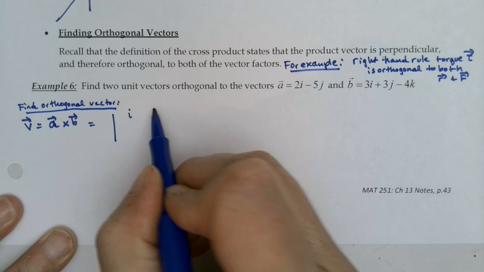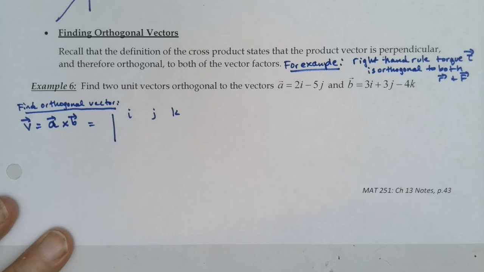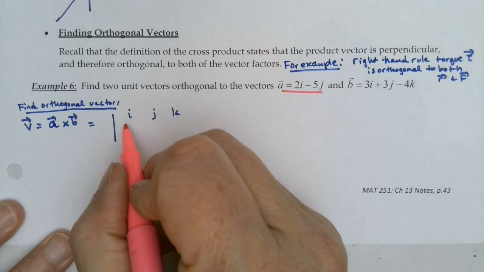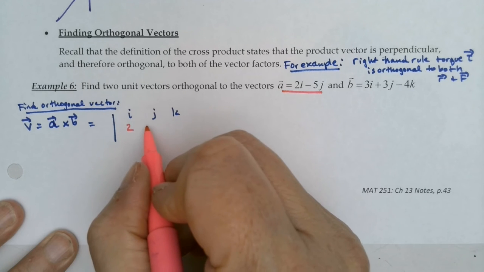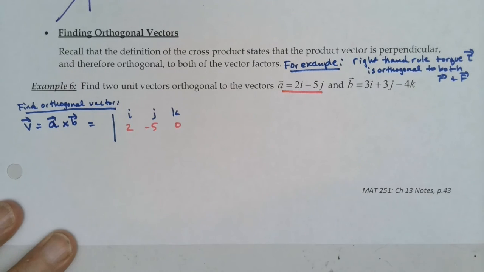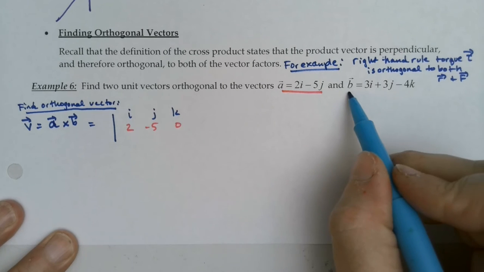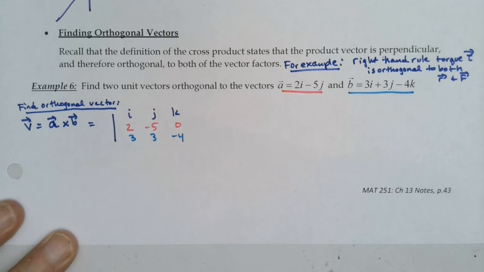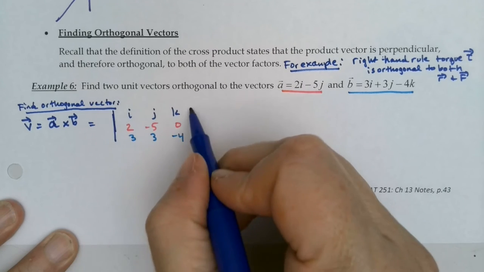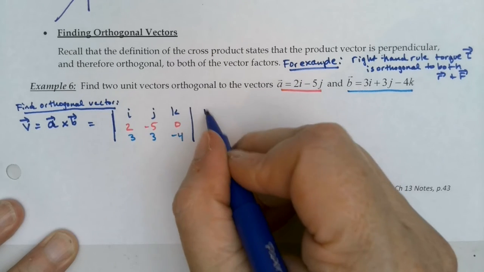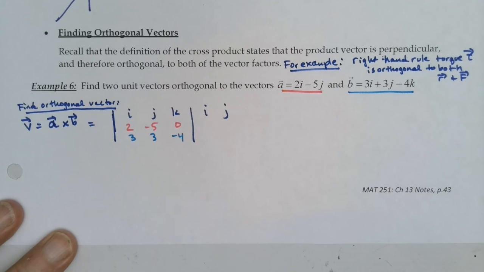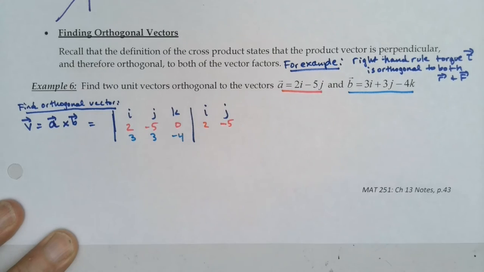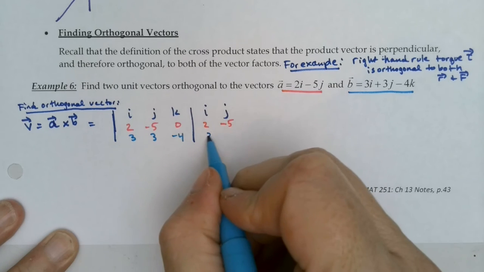So i, j, k. A is 2, -5, 0. B is 3, 3, -4. And then there's just a little trick to add on to the determinant of your matrix. This is 2, -5. This is 3 and 3.